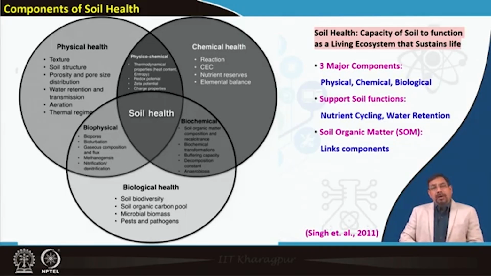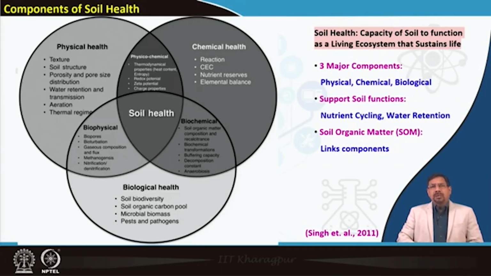Let us move on to biochemical. Under the biochemical, we have the soil organic matter, SOC, composition, the biochemical transformation, the buffering capacity, the decomposition constant, and the anaerobiosis. These components together indicate soil health as far as physical, chemical and biological health are concerned.